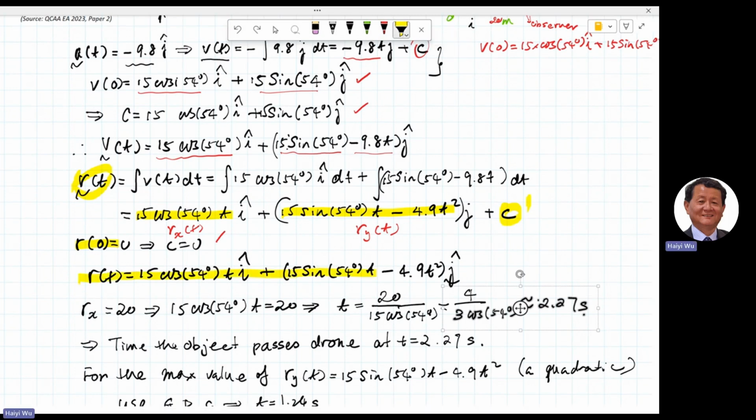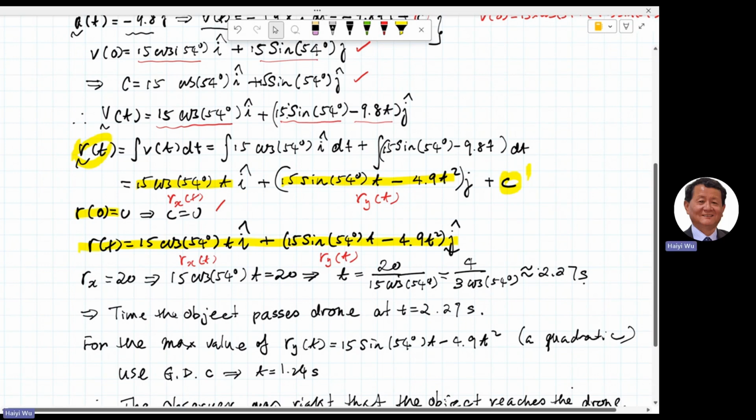So my position vector is this, with an x component and a y component.